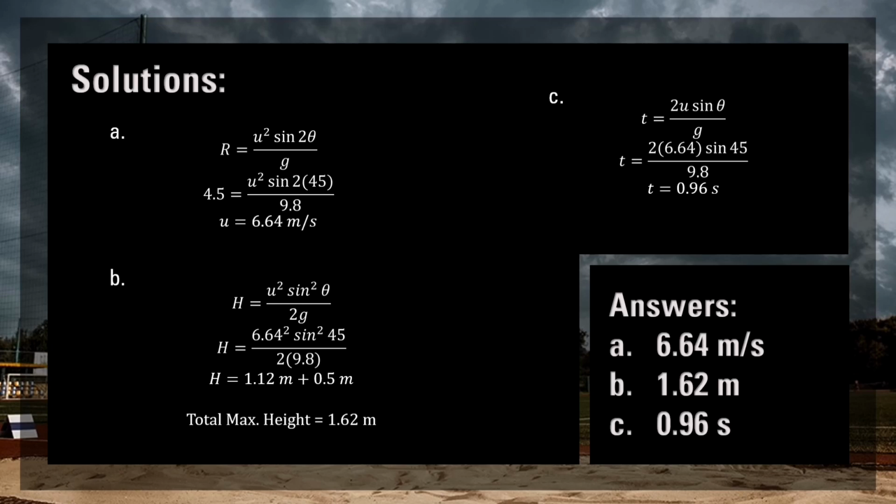Letter B. Height is equal to velocity squared sine squared theta over 2g. Given the velocity is 6.64 meters per second, theta is 45 degrees, and gravity is 9.8 meters per second squared, height is equal to 6.64 squared sine squared 45 over 2 times 9.8.